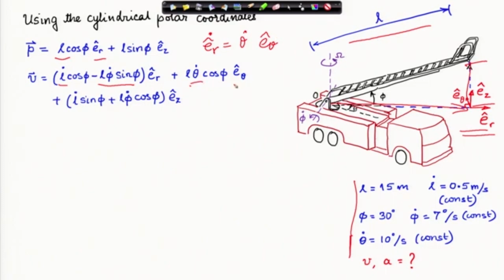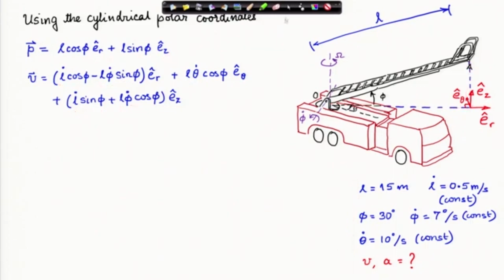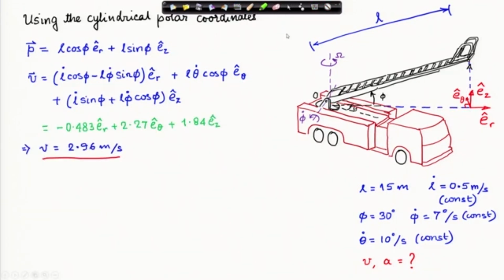So, that is what I have used here. Then the second term you differentiate: L dot sin phi plus L phi dot cos phi times e_z. There is no derivative of e_z, e_z dot is 0. So, this is where we stop for the velocity, and once I have velocity I will plug in the values and I get this expression, and the magnitude of velocity is 2.96 meter per second, which you can check.